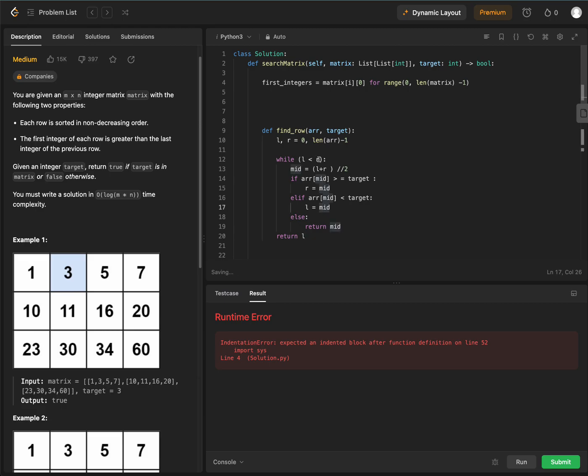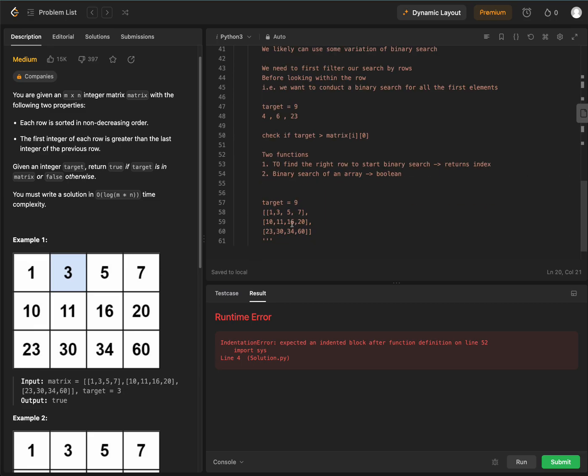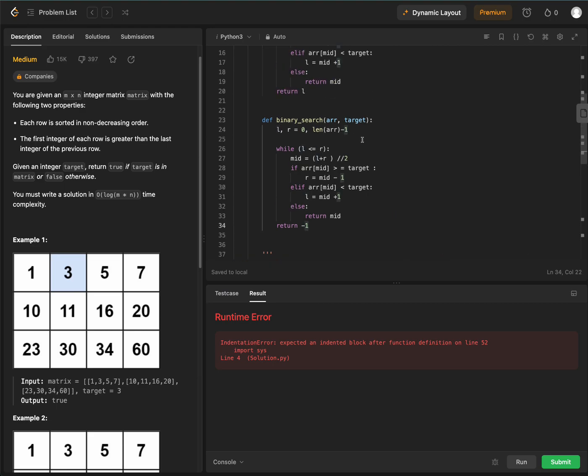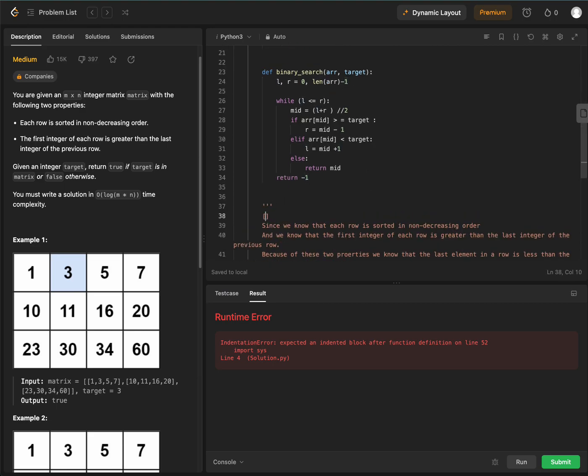And then while left is smaller than right, mid is this, array mid is greater than target, we want to shrink down right equals to mid minus 1, left equals to mid plus 1. Let's try this algorithm out right now. Essentially we have a situation here that is 1, 10, 23, right?